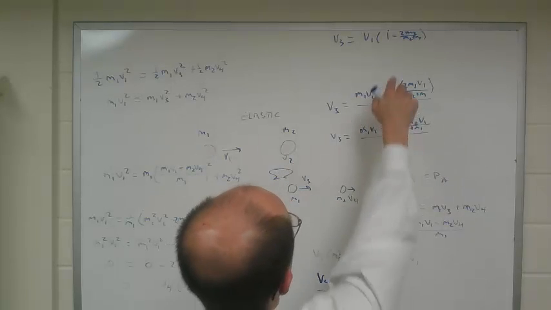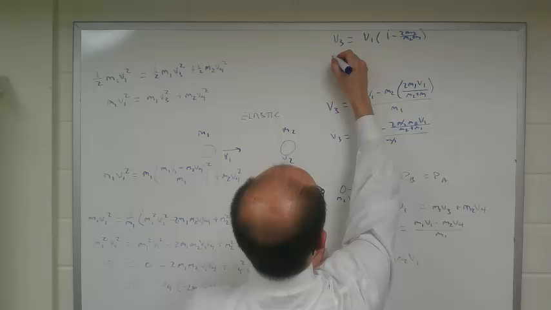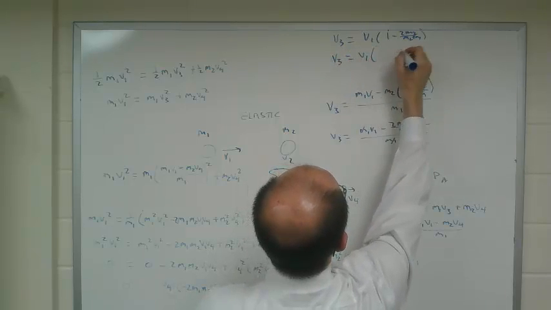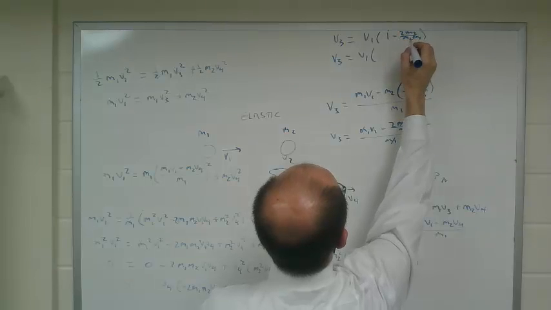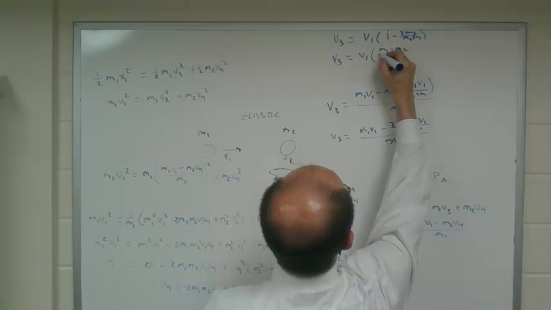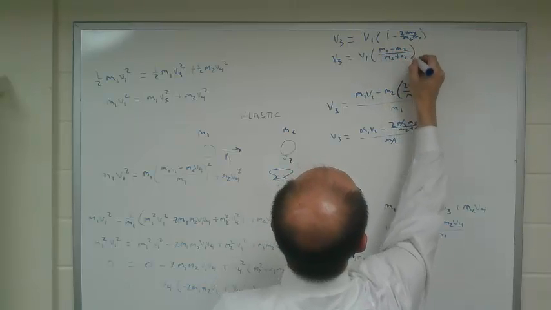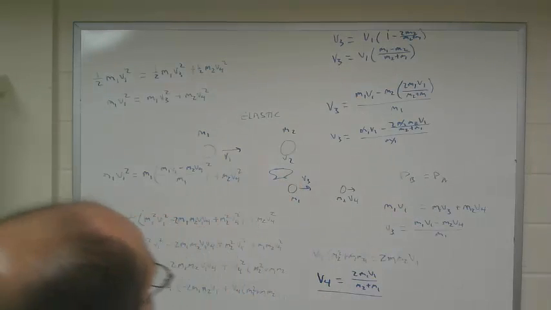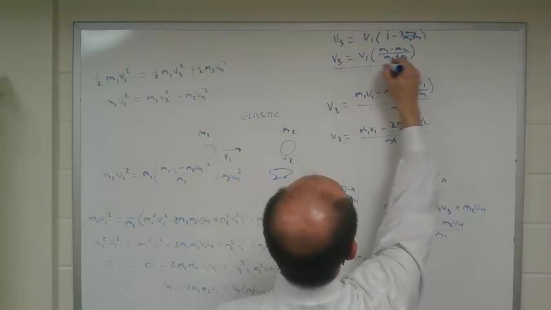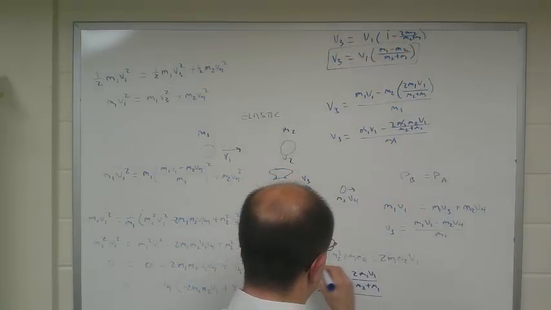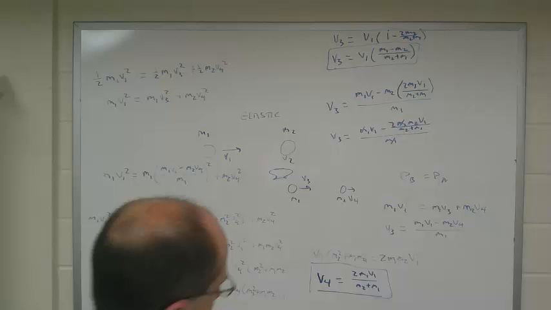Now we can rearrange this, and we see that V3 is V1 times M1 minus M2 over M2 plus M1. So that would be our two solutions, for V3 and for V4.